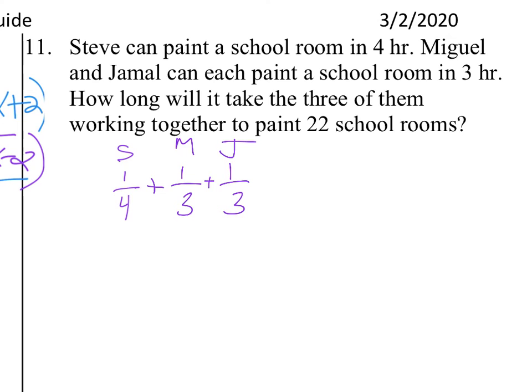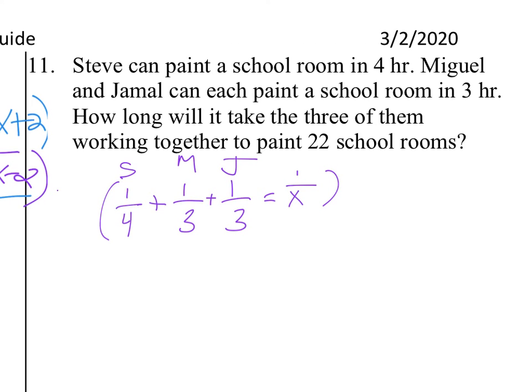Working together, we've got to figure out what their rate is together, and then we can deal with the 22 schoolrooms. We'll do this as 1/x. I have 1/4, 1/3, and 1/3. If I multiply through by 12x, I get 3x plus 4x plus 4x equals 12.